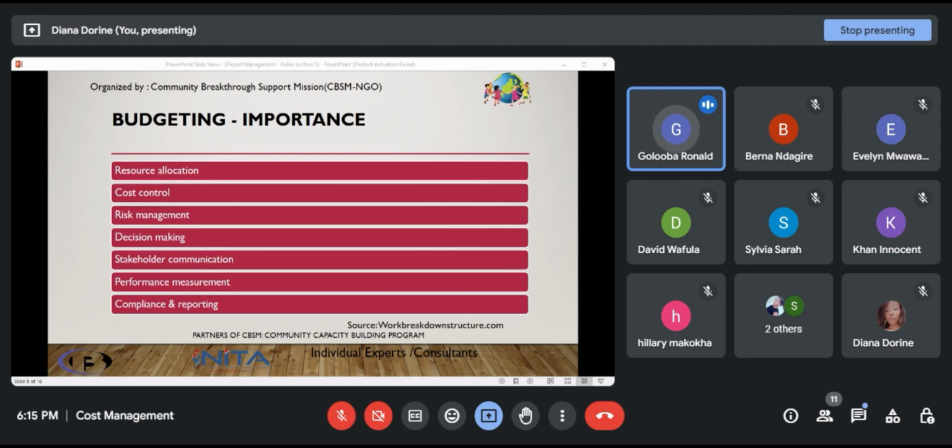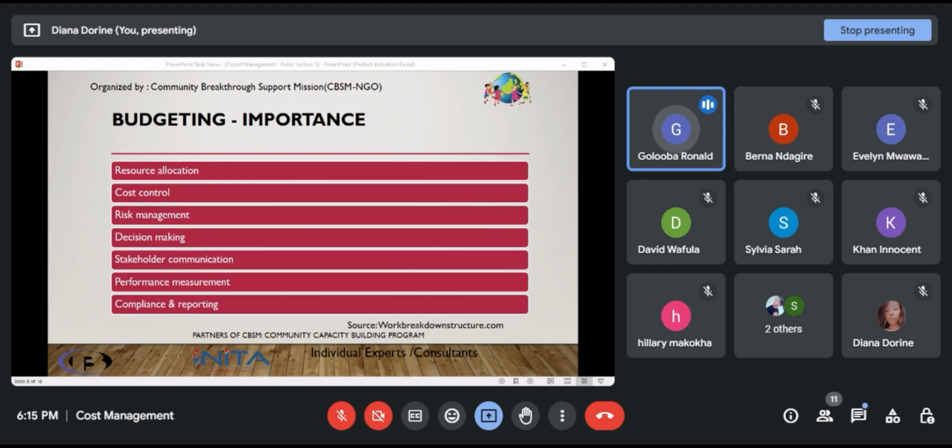So budgets help the project managers prioritize activities, evaluate alternatives, and take corrective action based on informed evidence from the financial constraints that they face.